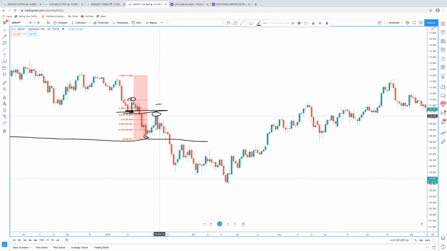Most of the time when I see a good rejection wick right here, I just enter with a tight stop loss. If we see that big rejection wick, I probably enter somewhere around there. Target one would be here for 200 pips. So I could technically have a 100 pip stop loss and keep that as a great trade ratio.